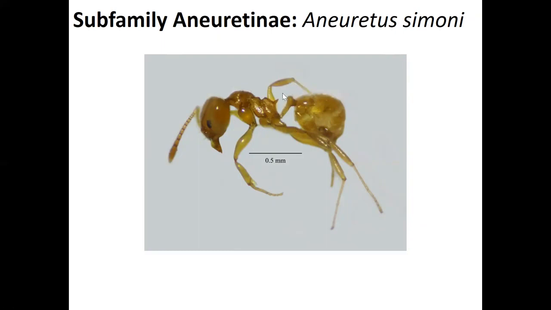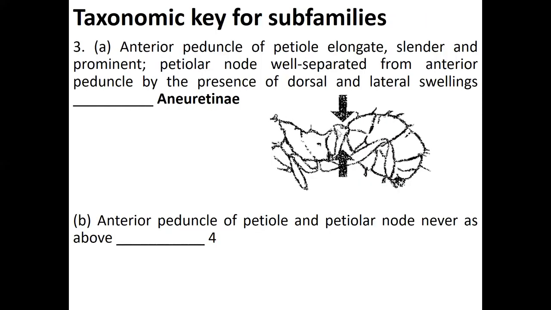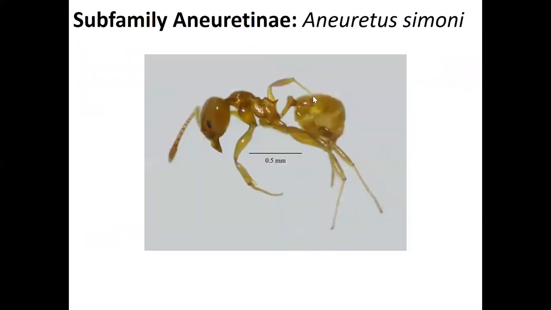That is the petiolar structure of Aneuretus simoni. So it's a peculiar one. Look at this one, and then this one. This is the major identification feature of the subfamily Aneuretinae.